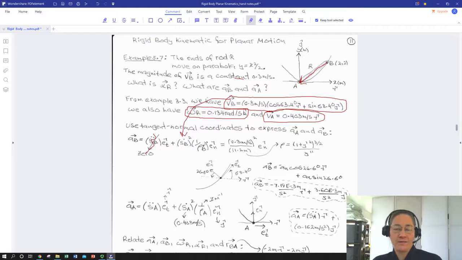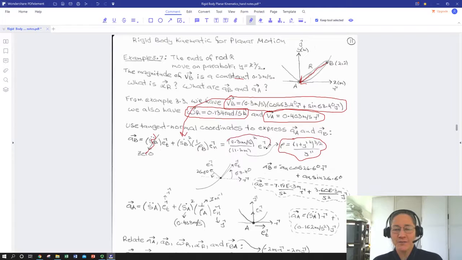Hey, we got that. It's this thing, divided by the radius of curvature at B, which we've calculated previously, and we can calculate anywhere using our mathematical expression for radius of curvature of any function at any point. So we can get a numerical expression for the acceleration at B, which happens to all be in the normal direction, probably because it's moving at a constant velocity.